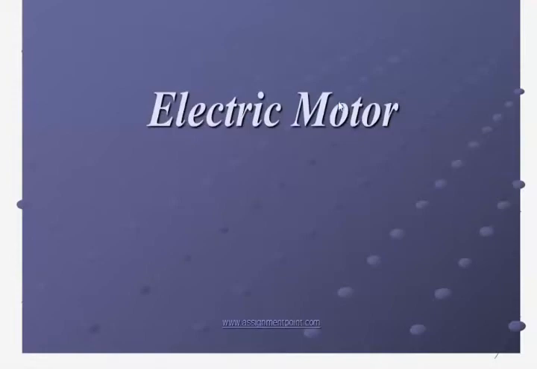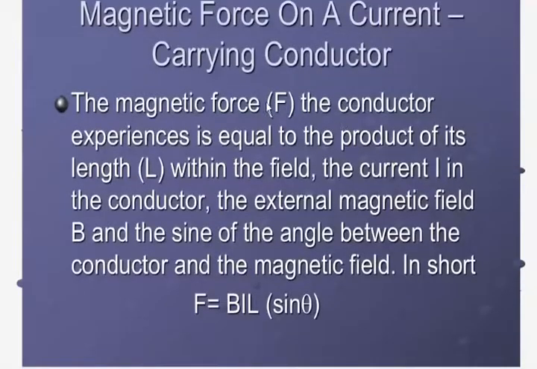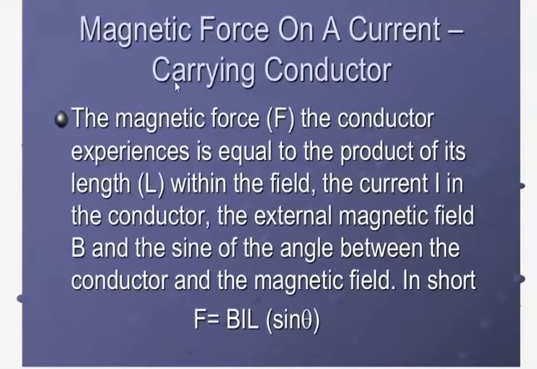So before going deep into that, first of all, we have to learn about the magnetic force acting on a current carrying conductor that I have discussed in the last class.